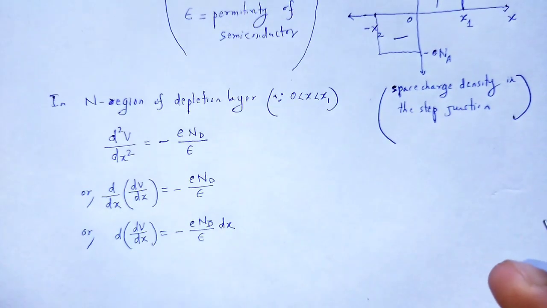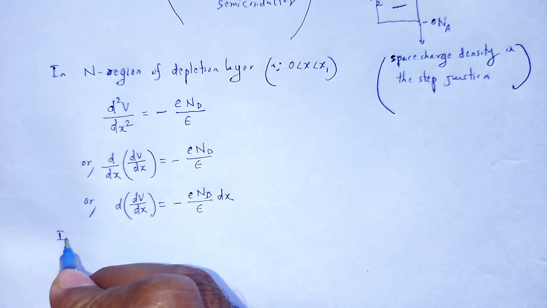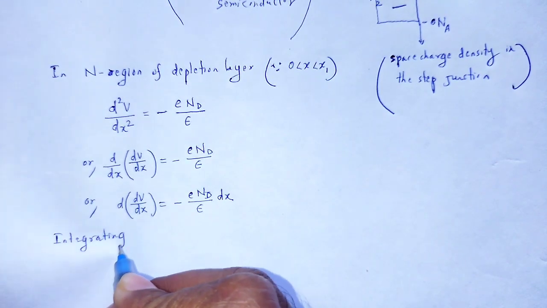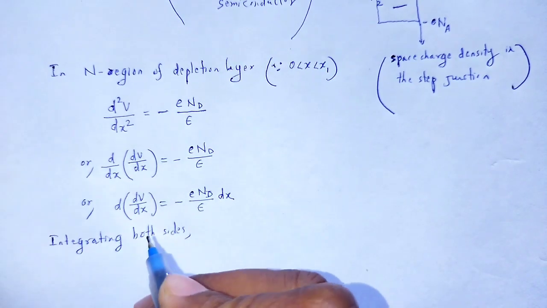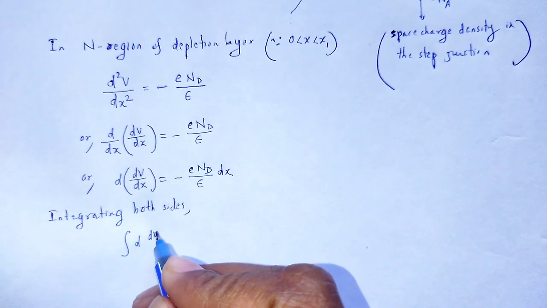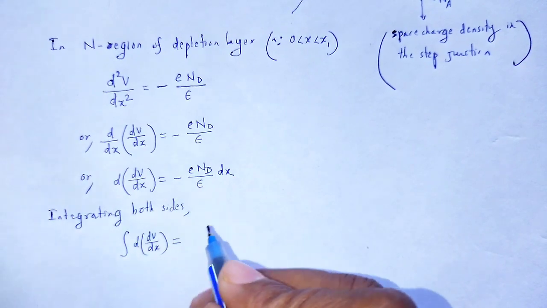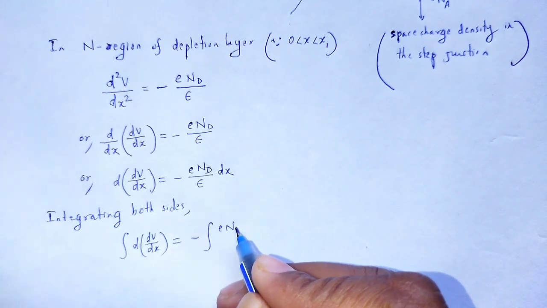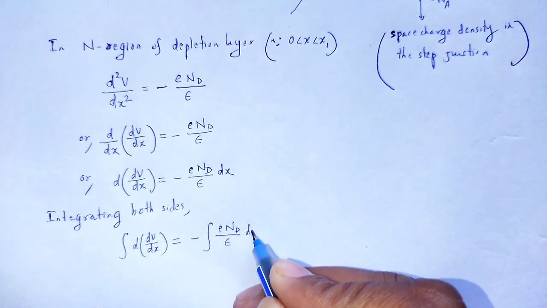Integrating both sides, the integration of d of dV by dx is equal to minus the integration of e Nd divided by epsilon dx.